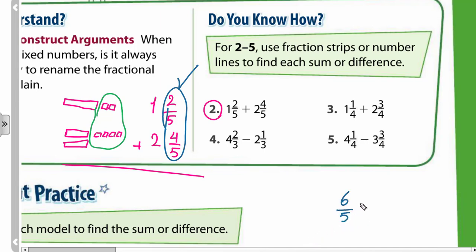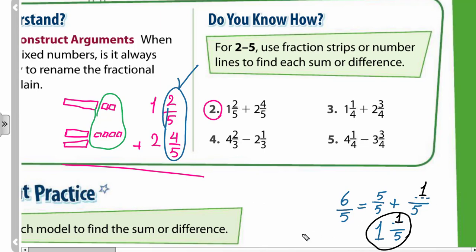Yes. So I need to make it 5 fifths, which is a whole one. How many fifths do we have left? We have 1 fifth left. So that's why I will write instead 1 and 1/5. Okay?